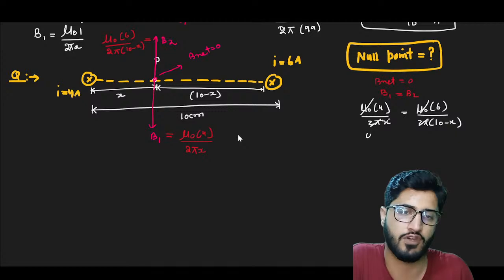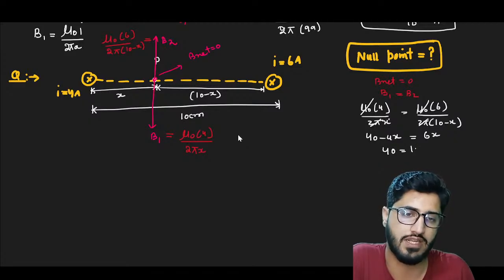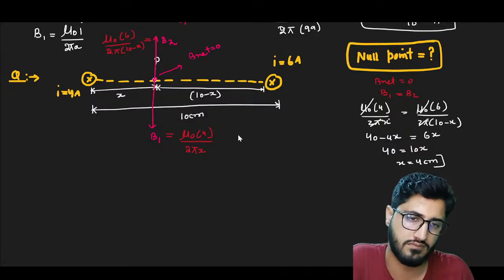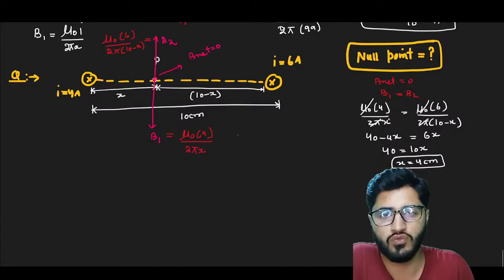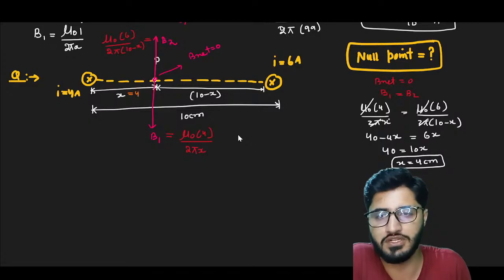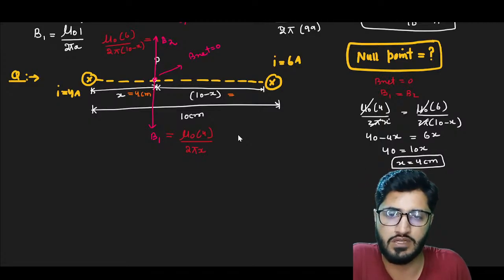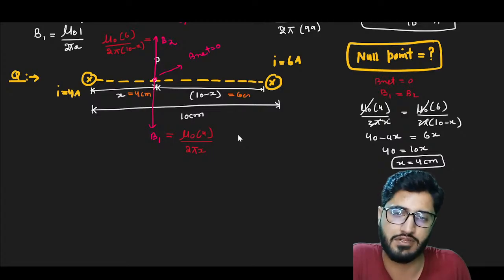So you can write 40 minus 4x equals 6x only. I guess 40 equals 10x. So x came out to be 4 centimeter. So this is 4 centimeter, and this would be 10 minus 4, it is 6 centimeter.